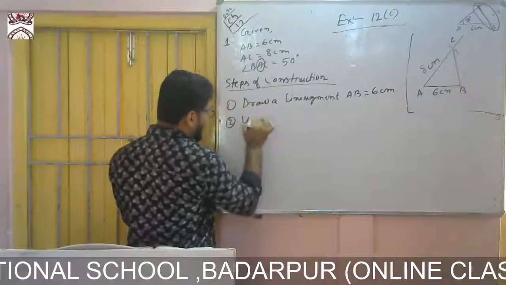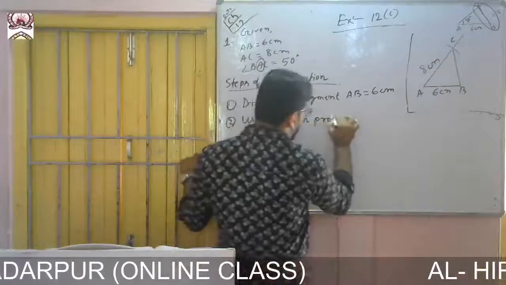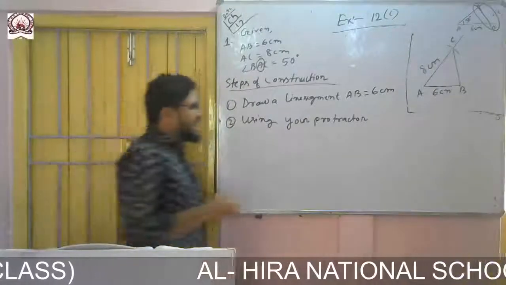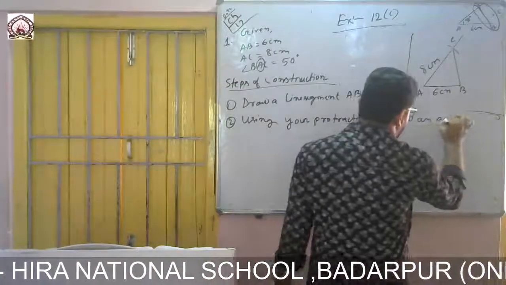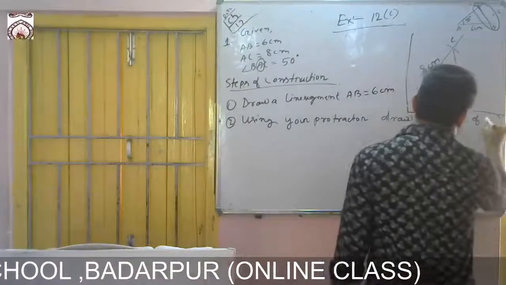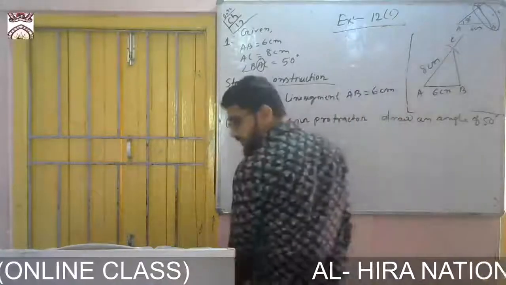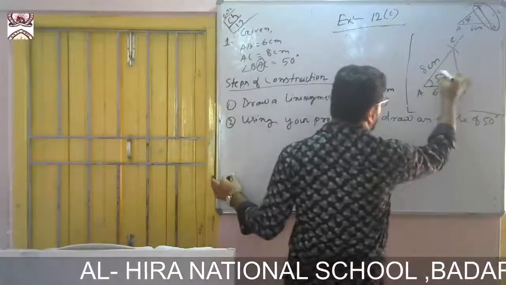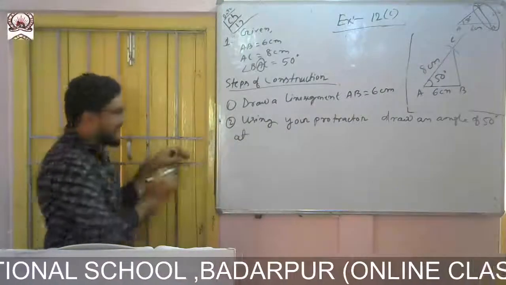Number 2: using your protractor, draw an angle of 50 degree at A.